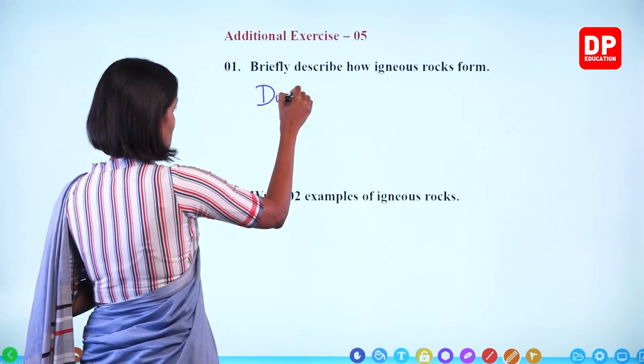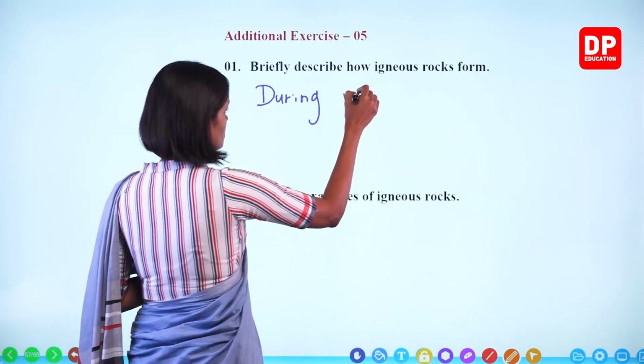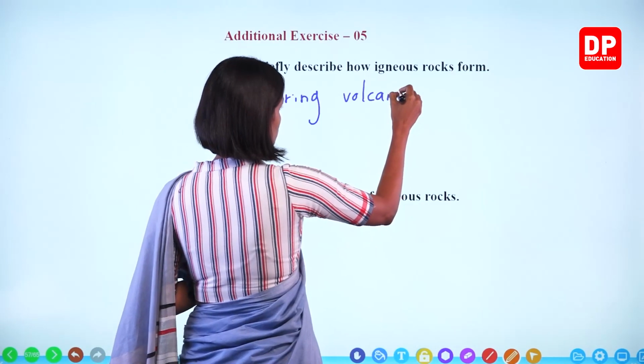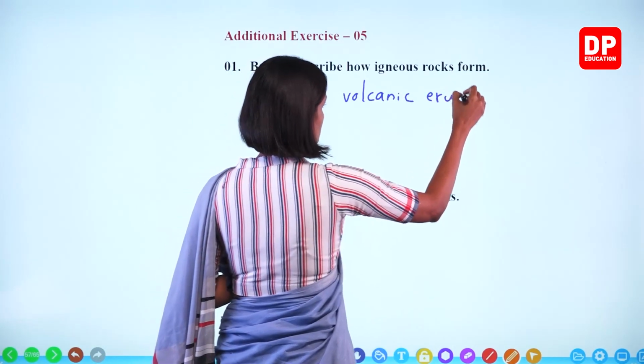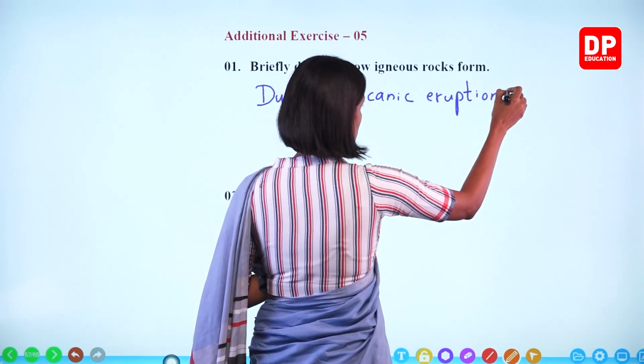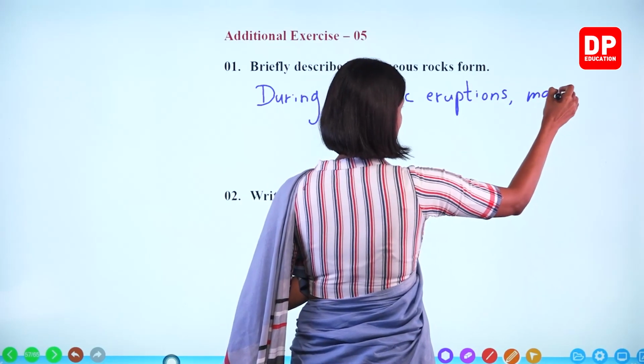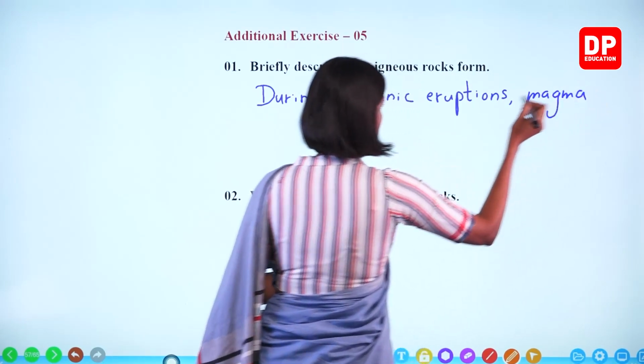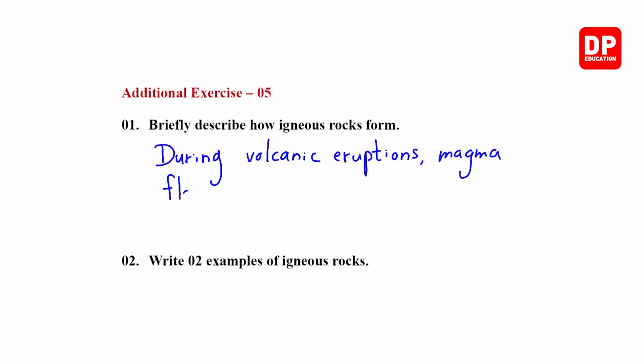During volcanic eruptions, magma flows out as lava.